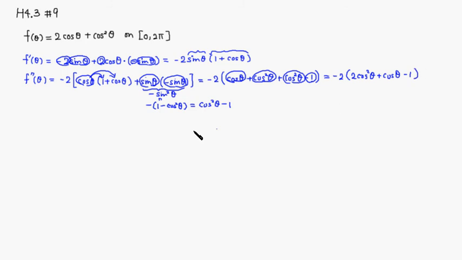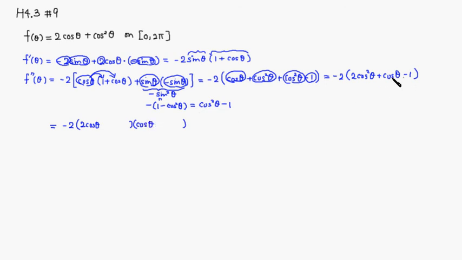All right, then we should be able to factor it out. So it's negative 2 outside. We can factor it out as 2 cosine of theta here and 1 cosine of theta.